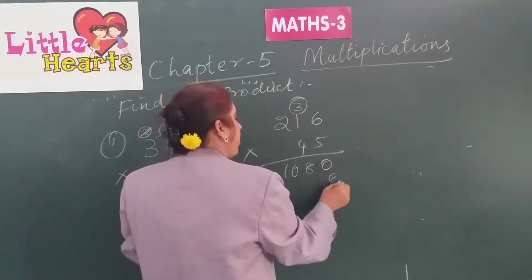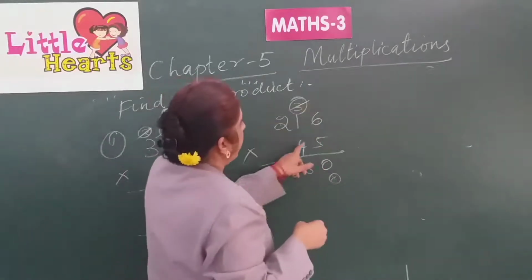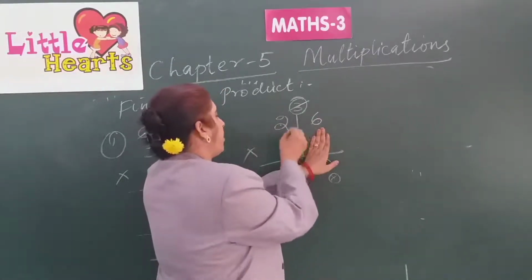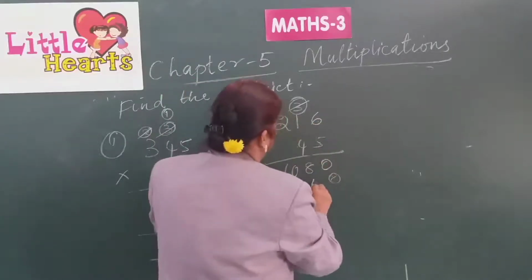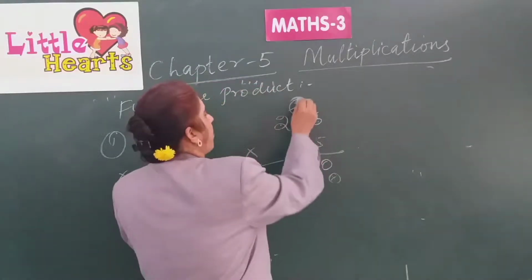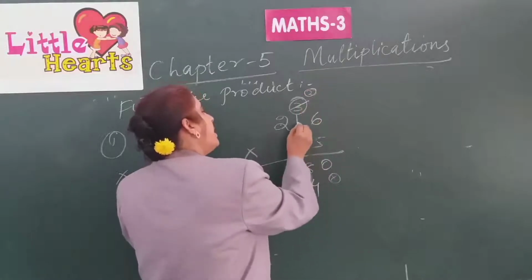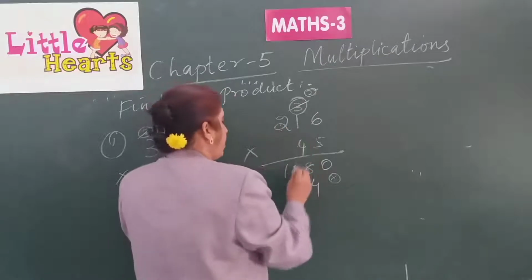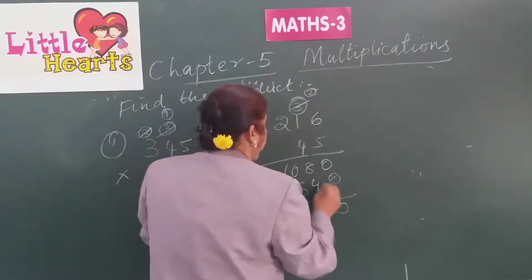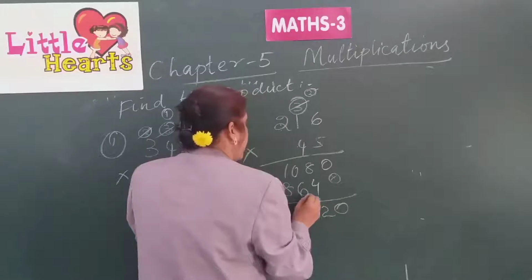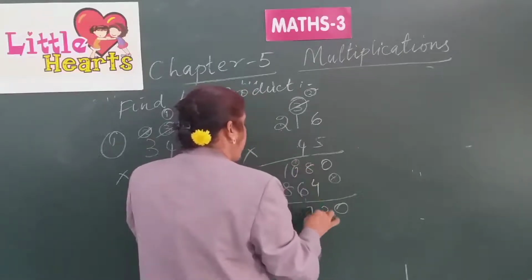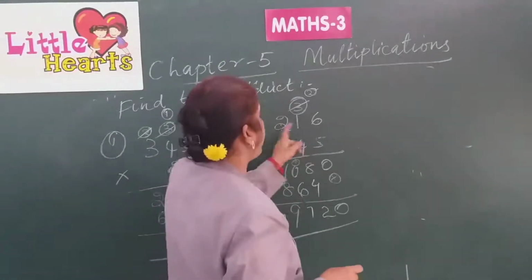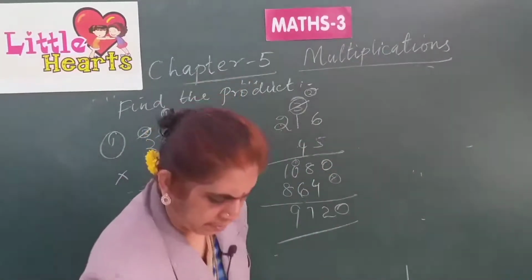Now put a symbol over here, it is added, and now multiply the whole number 216 with 4. 4 6s are 24. Start putting in the tens place. Carry 2. 4 ones are 4 plus 2, 6. 4 twos are 8, 8 plus 4, 12. 6 plus 1, 7. 8 plus 1, 9. 9720 is the product of 216 and 45.